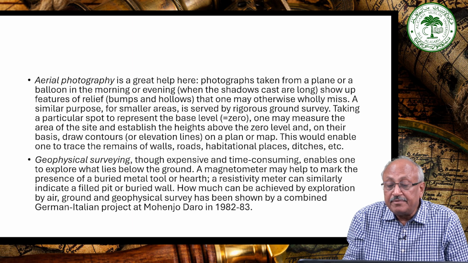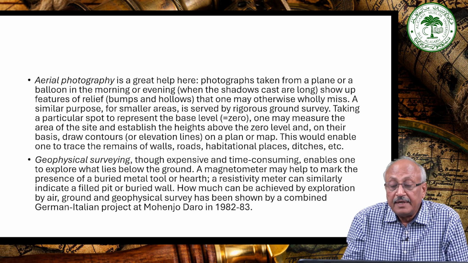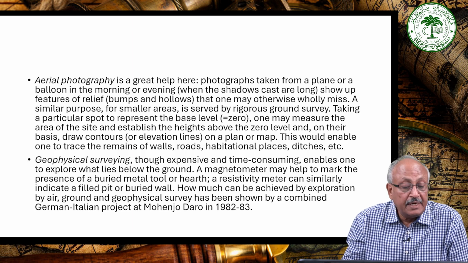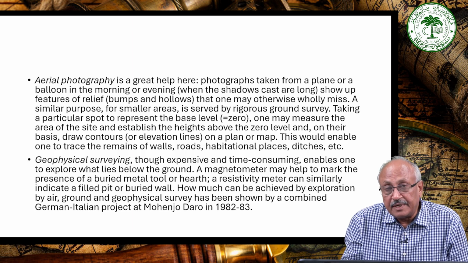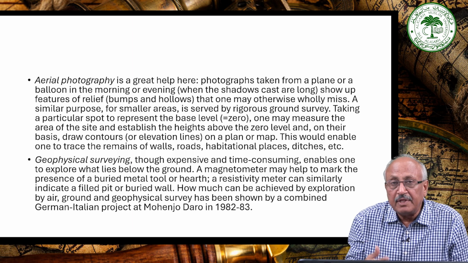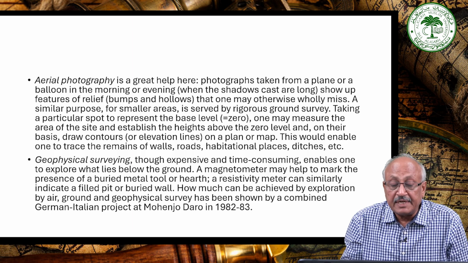How much can be achieved by exploration by air, ground and physical survey has been shown by a combined German-Italian project, which took the help of all these scientific techniques.